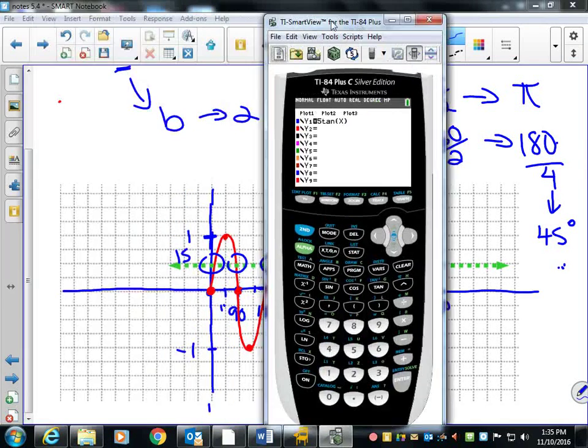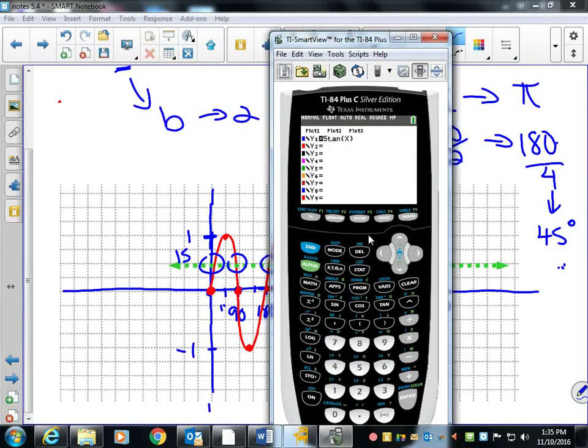Okay, so I'm just going to come in here. Now, can I tell you something? When we actually go to do this, I hit sine, and the bracket pops up right away. So here's the thing. When we're entering it into our graphing calculator, your B has to be placed inside that bracket.